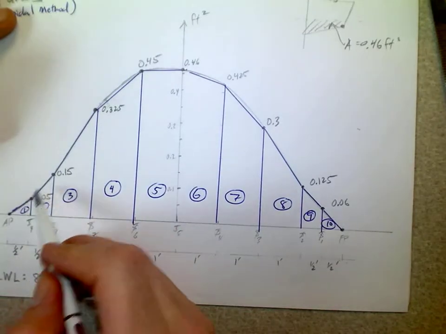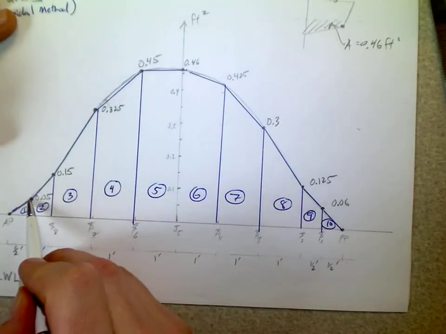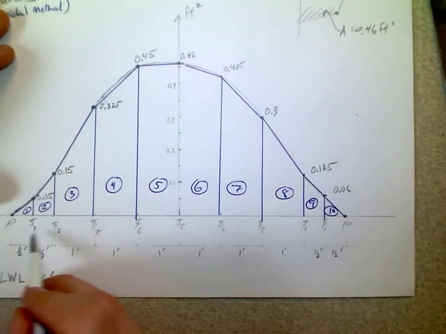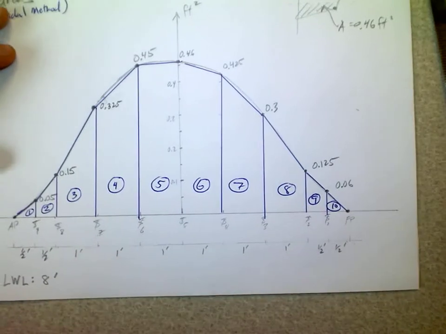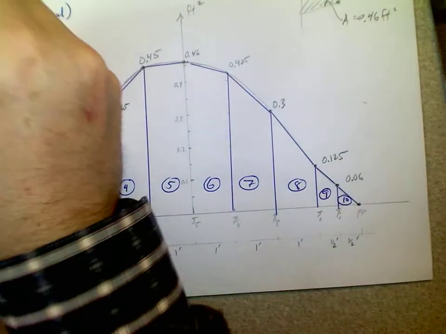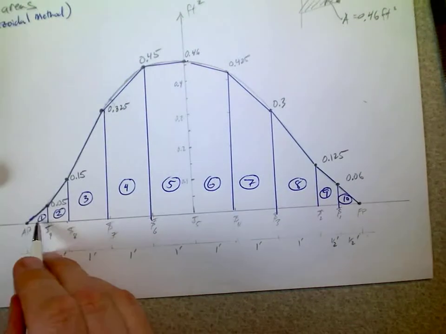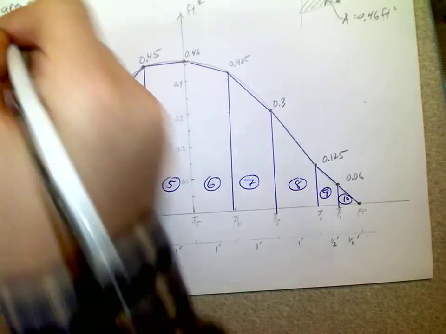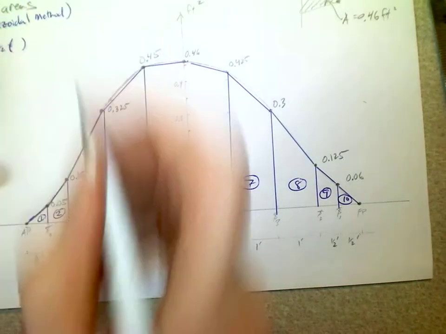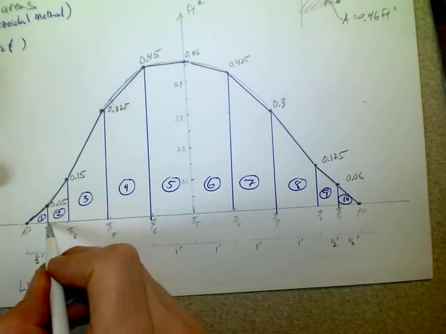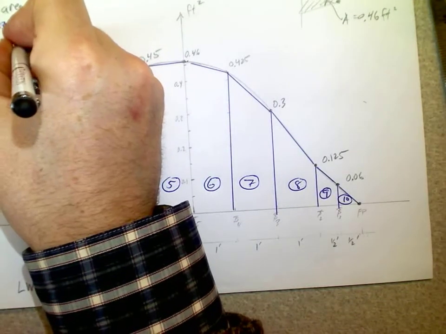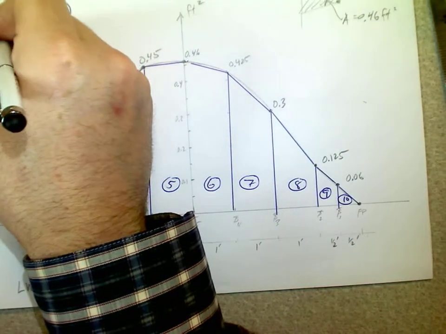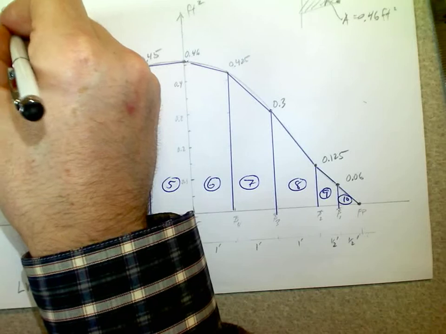I have these values, 0.05 feet squared, 0.15, and I also have this distance here of 1/2 foot or 1 foot. So the formula for the area of a triangle, we'll say area 1, which is a triangle, is the base times the height divided by 2.